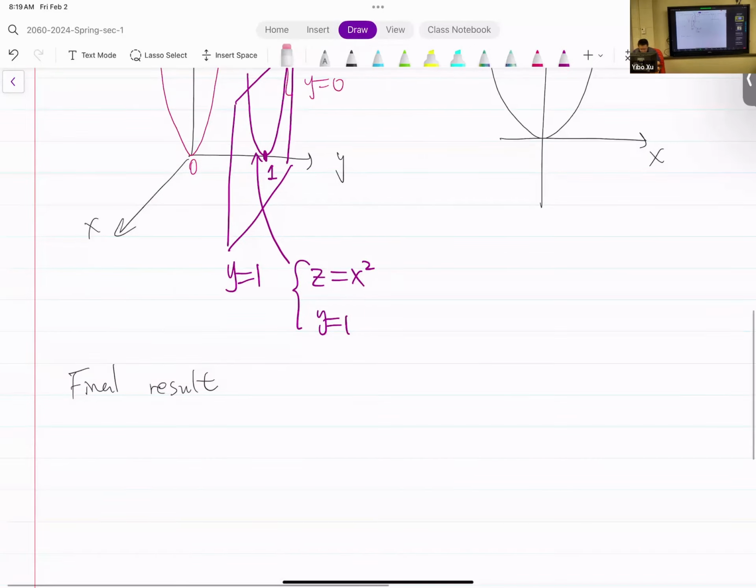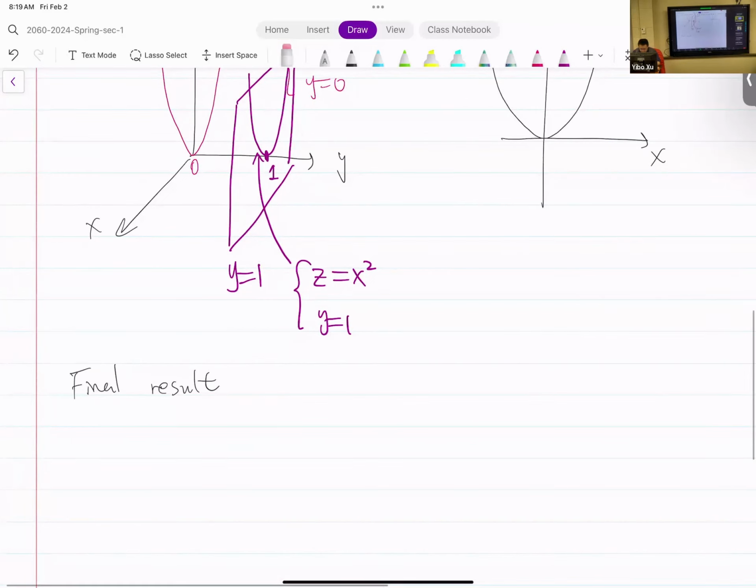So let me just sketch the parabola right here. Okay, and basically you just shift to the left, right? So basically this, let's say this is y equal to 3. So the parabola is the black one, and I'm just gonna shift it all the way. It's gonna be the same, all the way to the left.